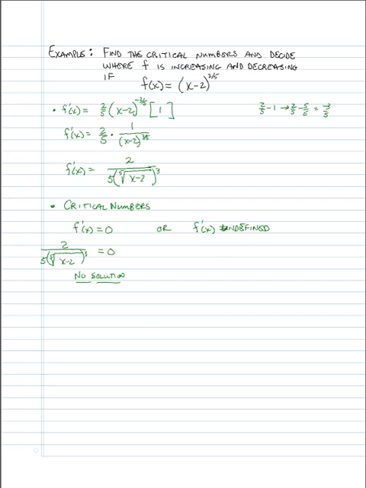Now, on the other hand, when we looked at this derivative, what we're worried about is how something can be undefined. Well, it can be undefined if the denominator is 0. And if x is equal to 2, we'd have a 0 under the radical, and the fifth root of 0 is 0. And 0 to the third power is 0, and 5 times 0 is 0.